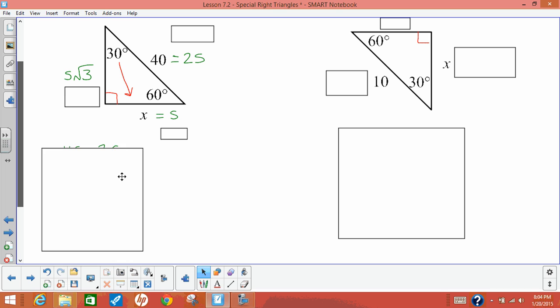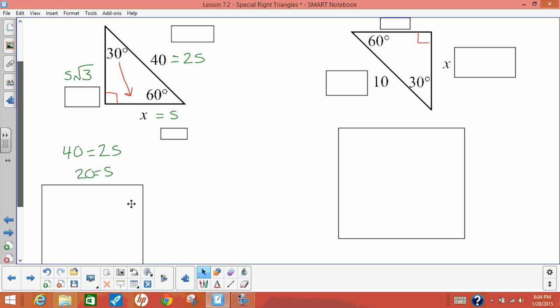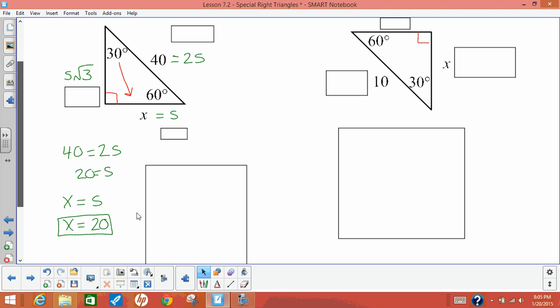So again, we can write these equations. I'll start with 40 equals 2 times s. Here I have to solve for the value of s, which should be pretty easy. All we need to do is divide by 2, and we get that s is 20. Up here I've already written x is equal to s, so we plug in 20 for s and get that x is 20.